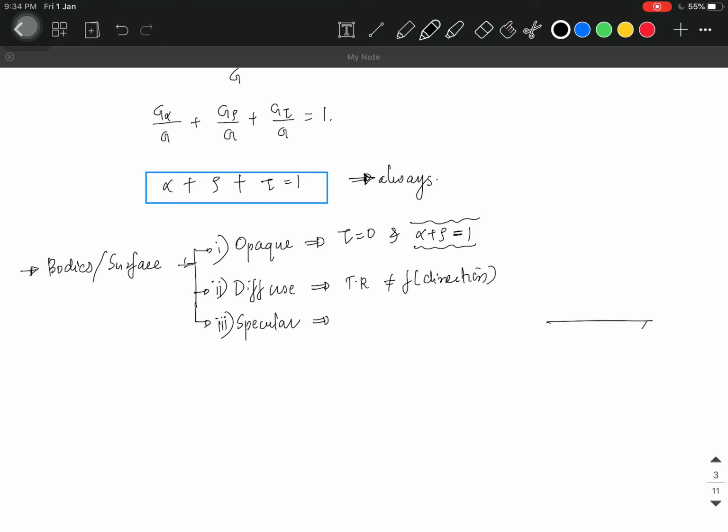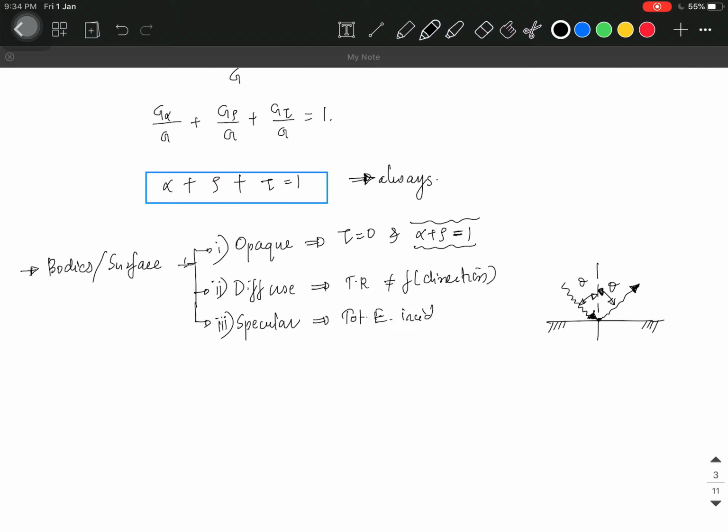And then we have the specular body or specular surface, and this particular surface is like, let's suppose this is a surface on which the total energy falling is this, and let this be the total energy that is reflected from this surface. If the reflected energy and the incident energy have the same angle with respect to the normal, then this surface is called the specular surface.